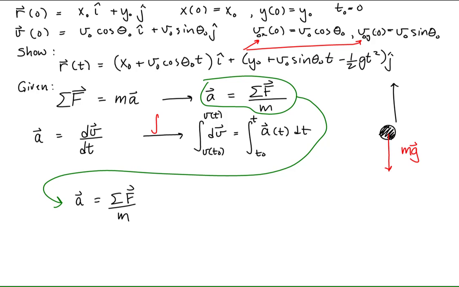So here, if I illustrate this xy coordinate system, the free fall acceleration of gravity is just given as minus g j hat, where g is defined as the magnitude of the free fall acceleration due to gravity.